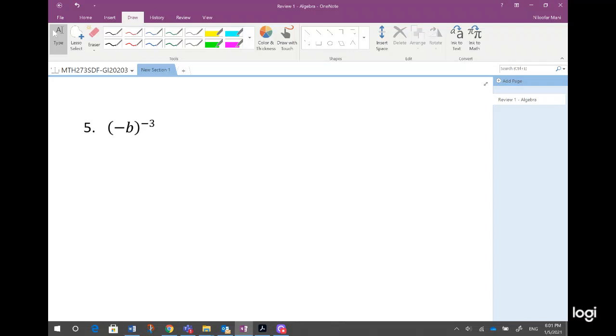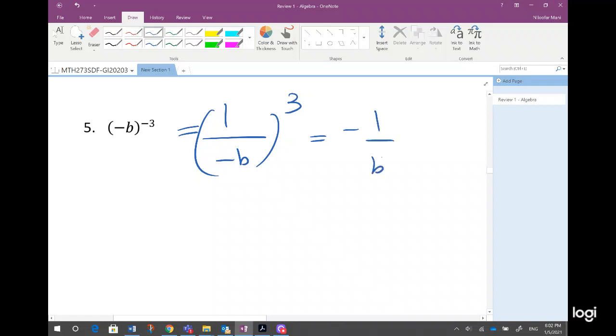How about here? So I told you, flip it and then change it to positive power. Or you flip, no change, just flip. So 1 over minus b to the power 3, positive. So the answer is minus 1 over b to the power 3. That's easier for me.